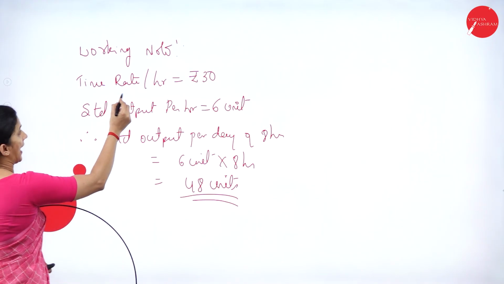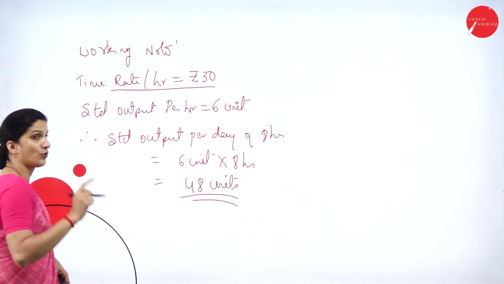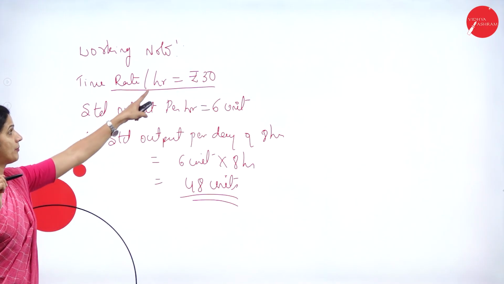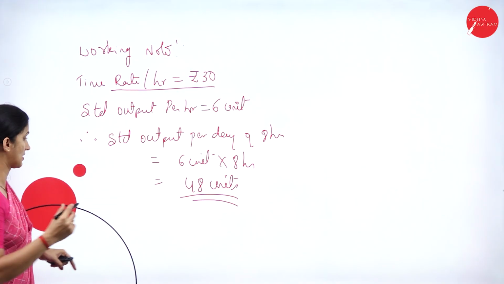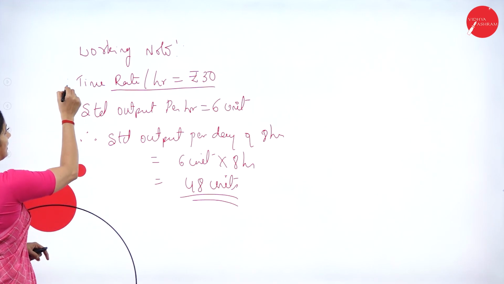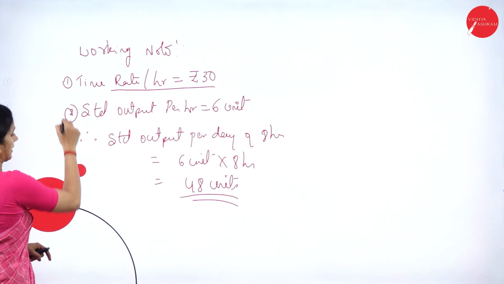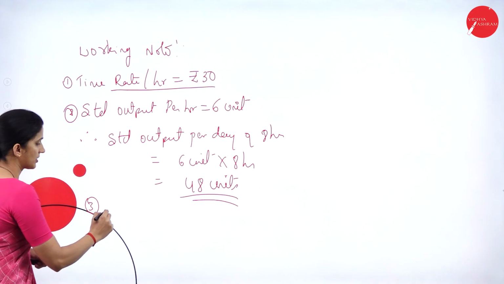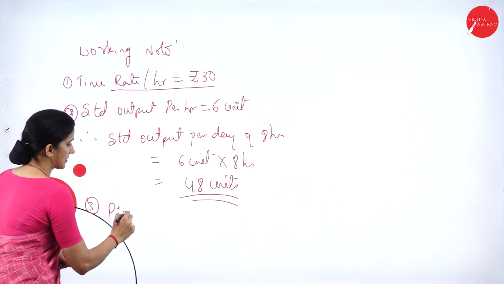Then here we have the time rate. For 1 hour, the amount they are giving is 30 rupees. Next, we need to calculate the piece rate.